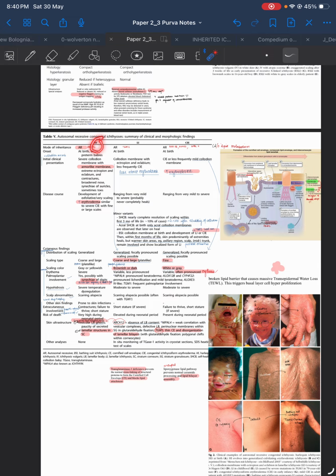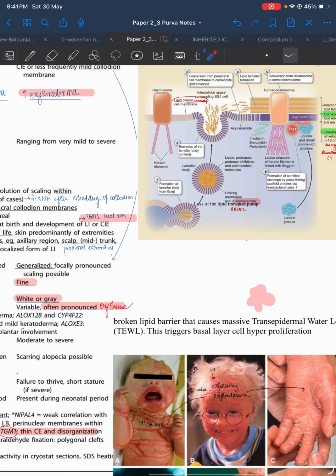These include harlequin ichthyosis, lamellar ichthyosis, and congenital ichthyosiform erythroderma. Harlequin ichthyosis is due to mutation in ABCA12, which is required for the lipid transport pump for the formation of the lamellar body. So these lamellar bodies are absent, and the corneocyte lipid envelope will not be formed.